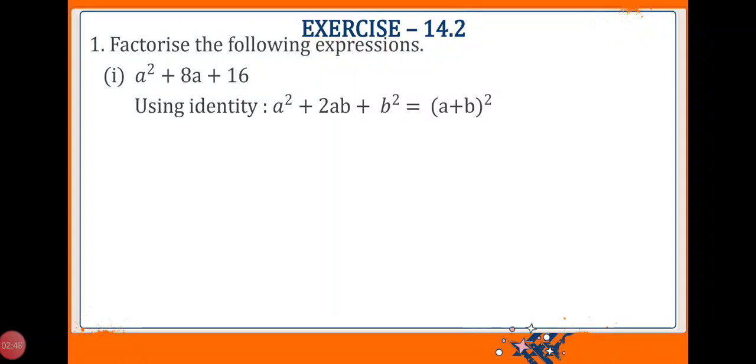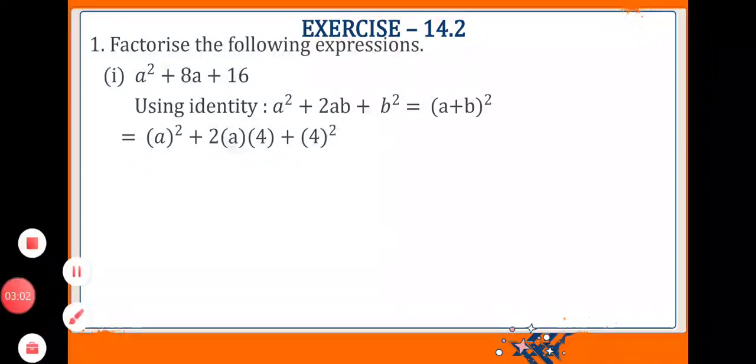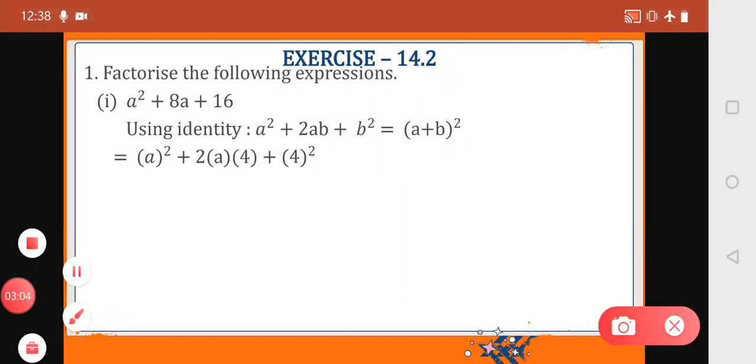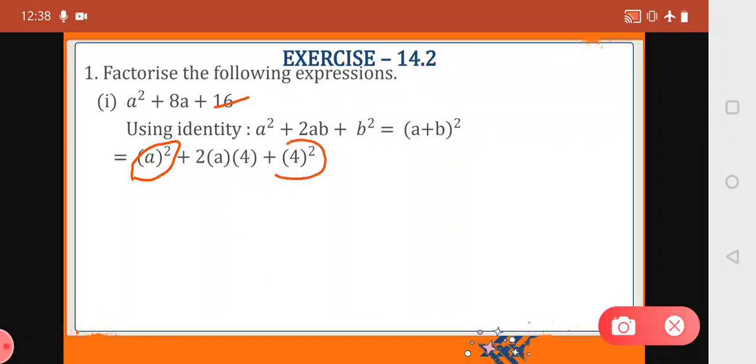Let's cross check that the first term, middle term and the last term are proper or not. That is, we'll first check it out. a square is the perfect square of a, so we write a whole square. Yes. Then let's cross check the last term, that is 16 here. 16 is the perfect square of 4, so we write 4 whole square.